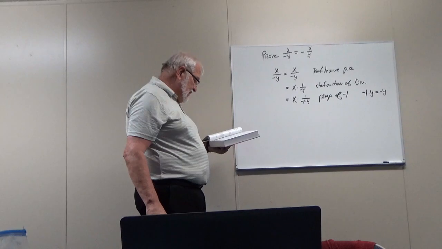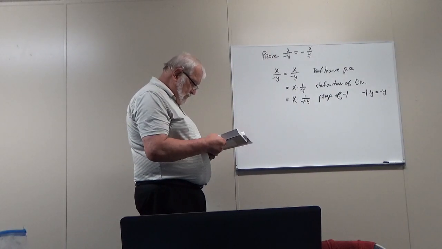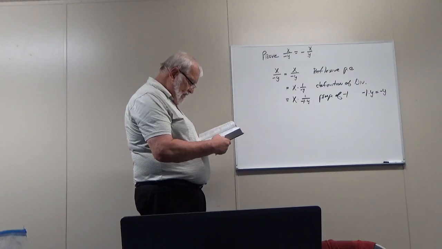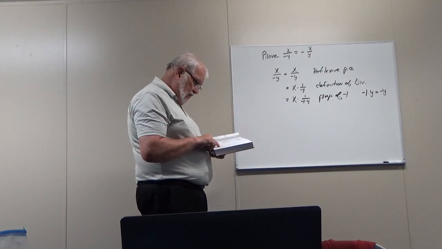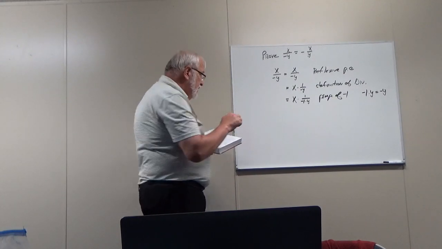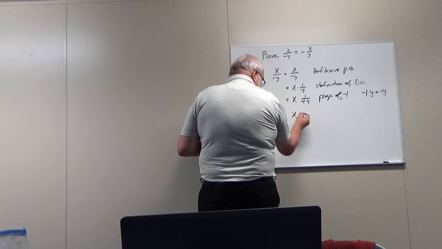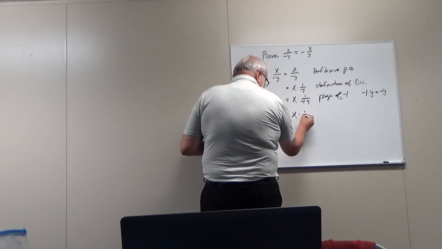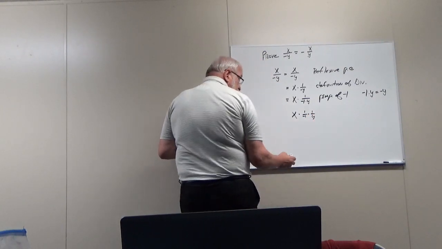Now what's the next line say? What they've done is another reciprocal, because this is the same as 1 over this times 1 over this.